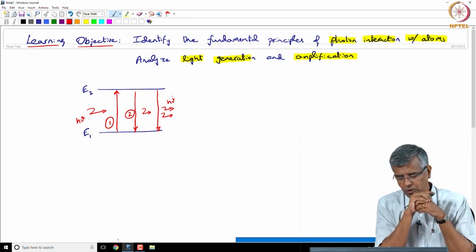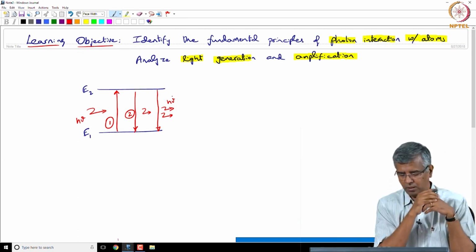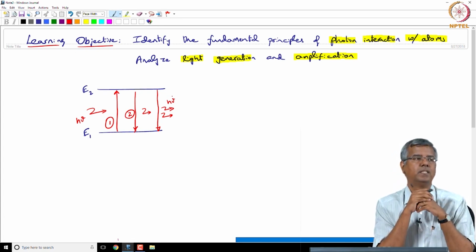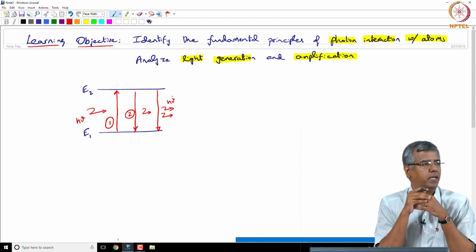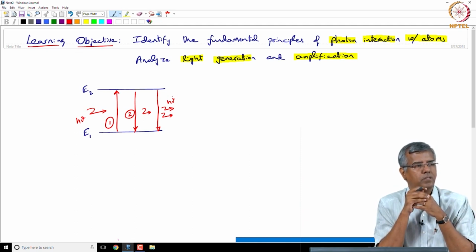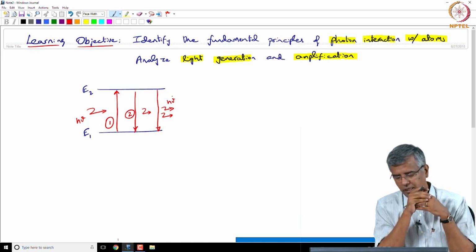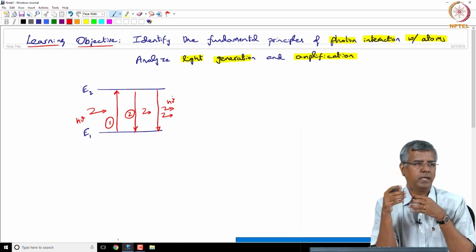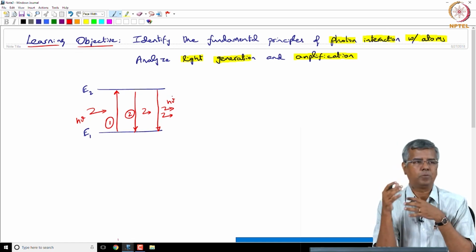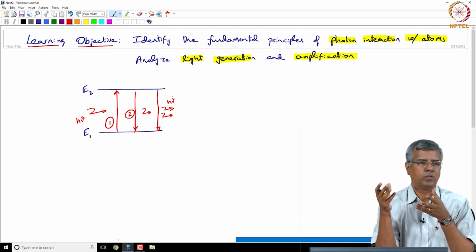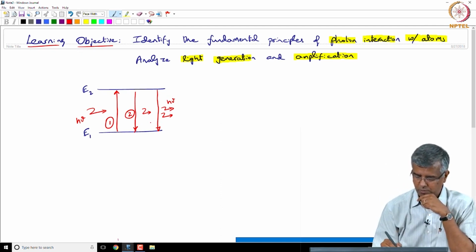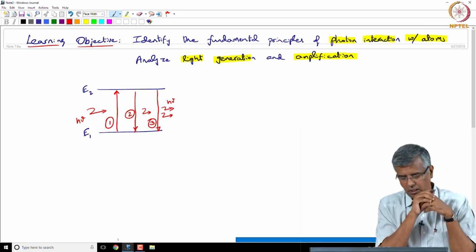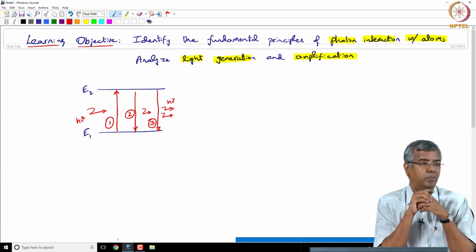In terms of light quantities, it has the same direction, the same phase, and the same frequency as the incoming photon. So it essentially generates a clone, and this is something we can build towards amplification of photons as we move on. That is process number 3, which we will call stimulated emission.